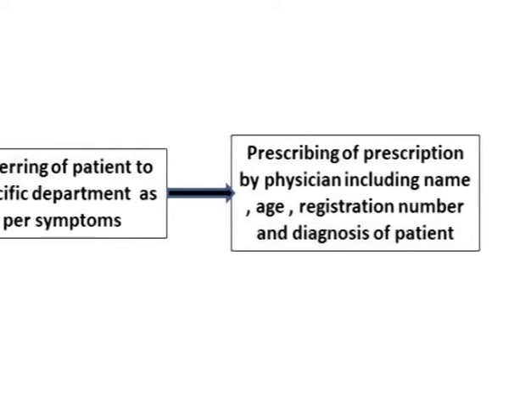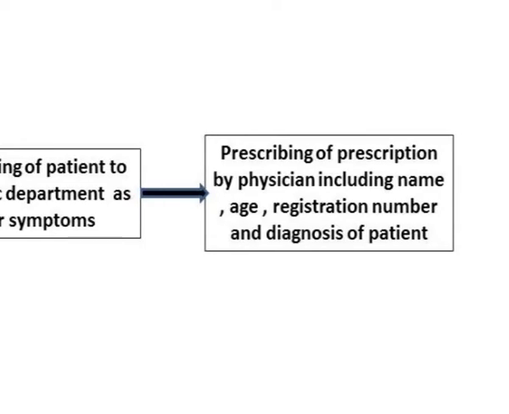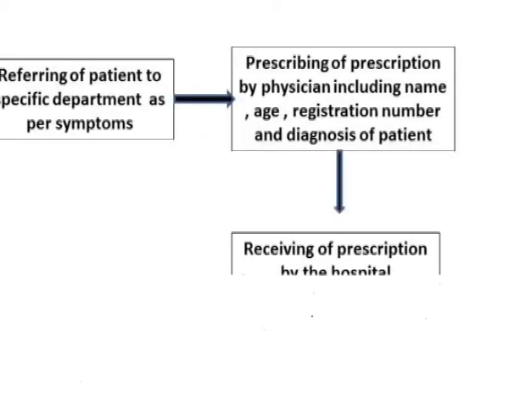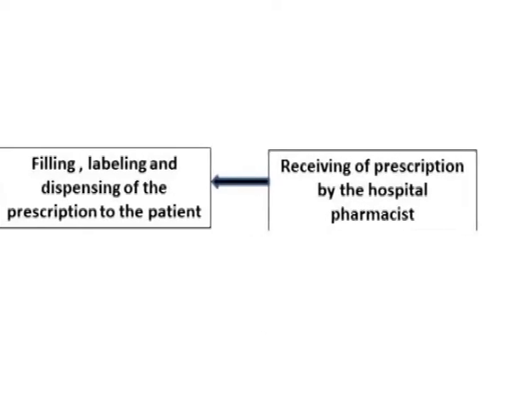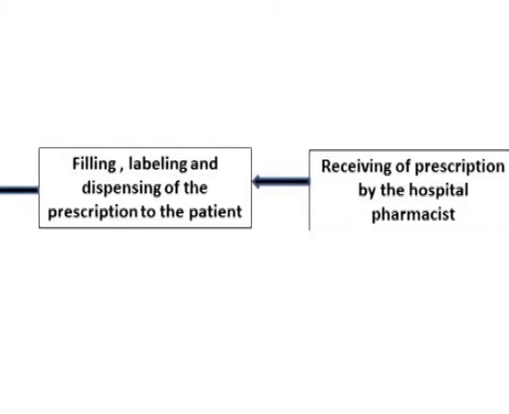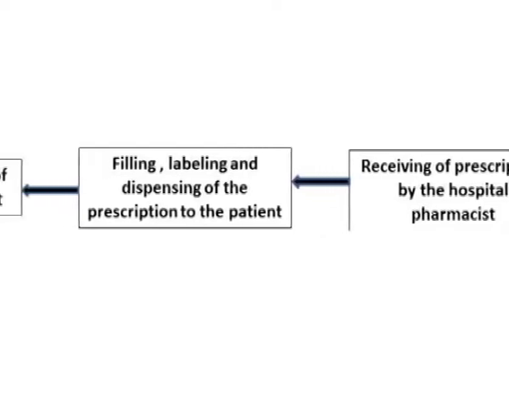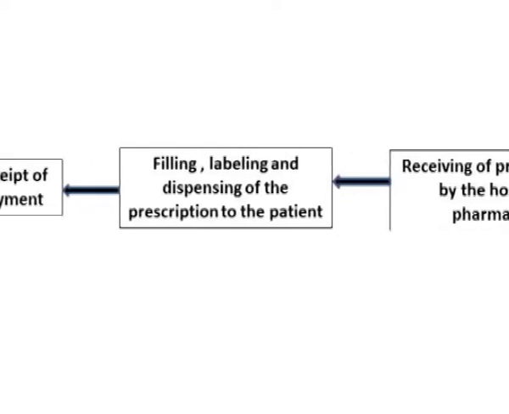Third, prescribing of the prescription by the physician, including the name, age, registration number and diagnosis of the patient. Then the receiving of the prescription by the hospital pharmacist. Then the hospital pharmacist does the filling, labeling and dispensing of the prescription to the patient.